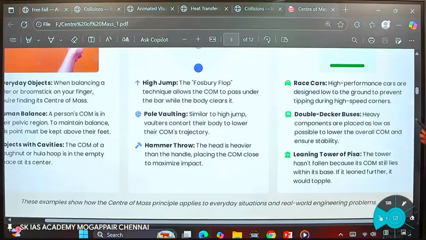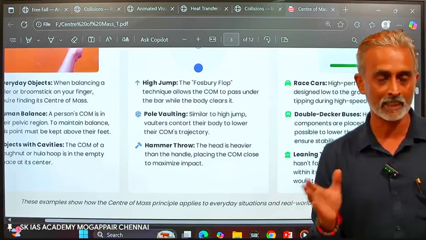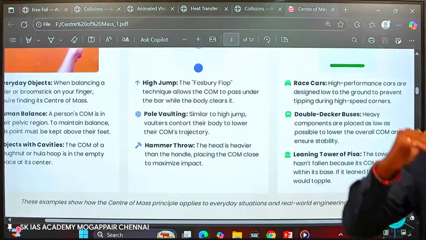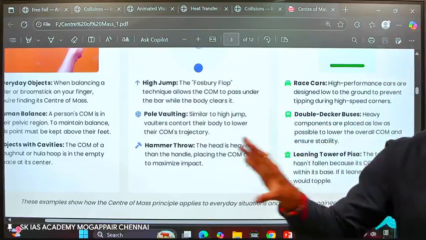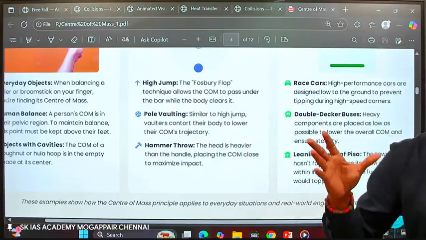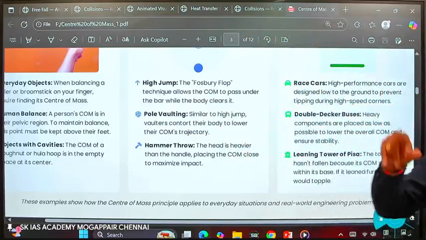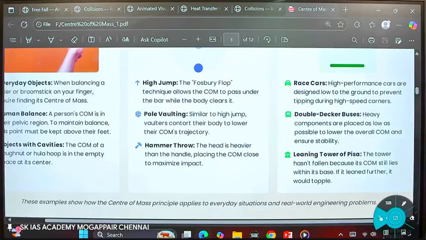Second, double decker buses. They are also made with the help of the center of the mass. Suppose there is a double decker bus. You have gone on a double decker bus, in Bangalore and Mumbai also. When turning, it would fall down, but they construct it with the help of the center of the mass.